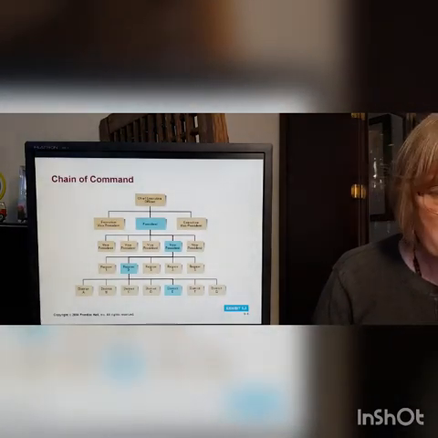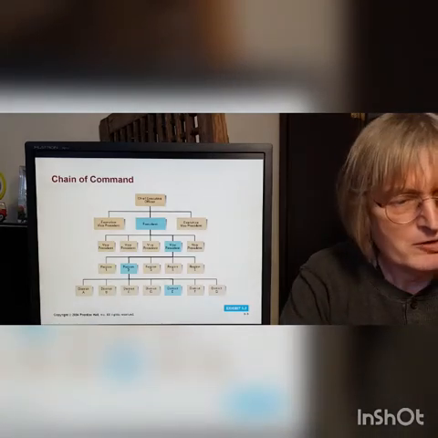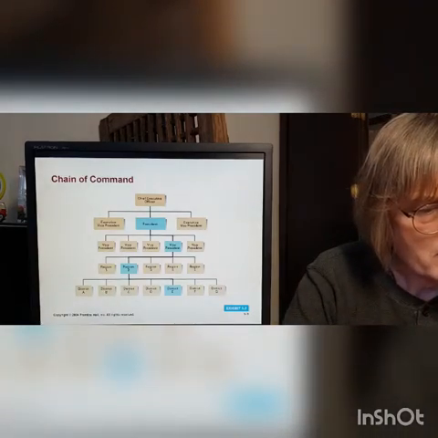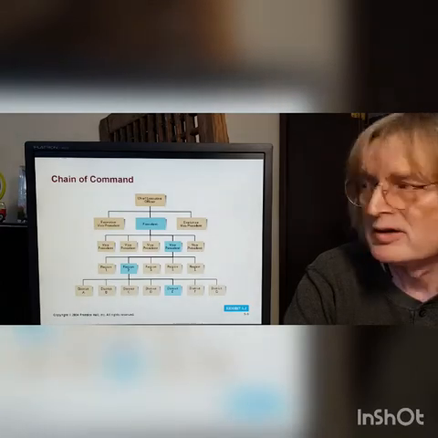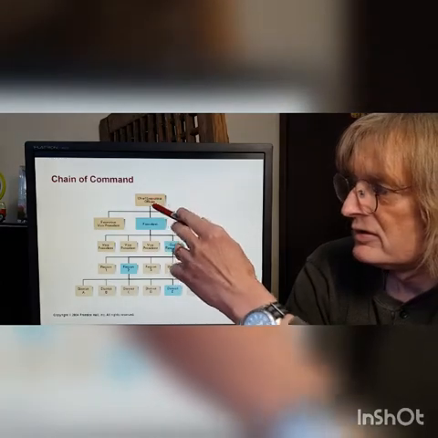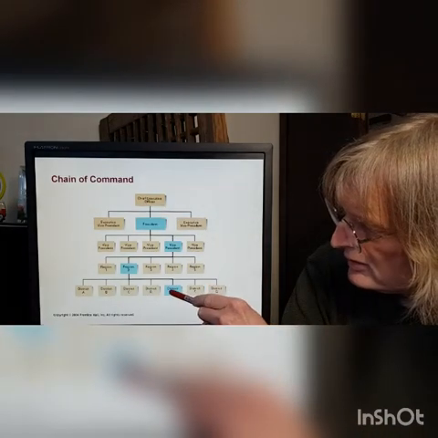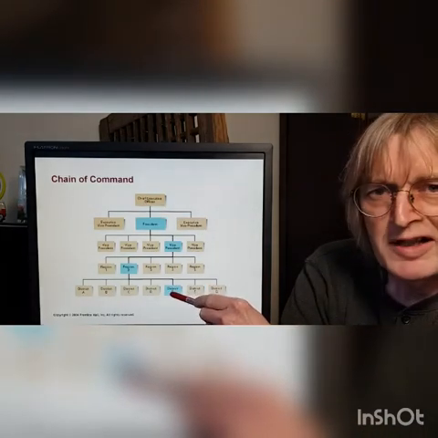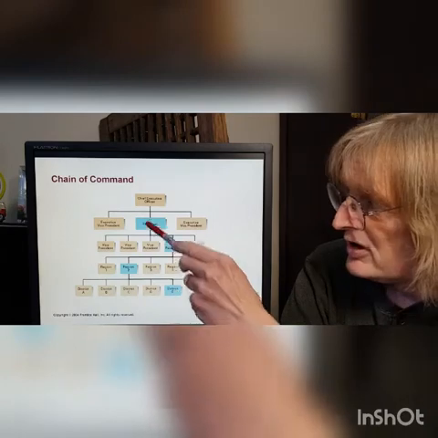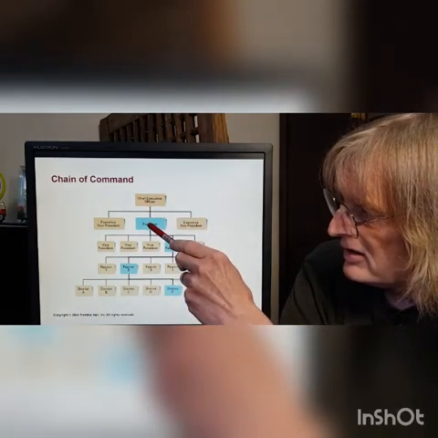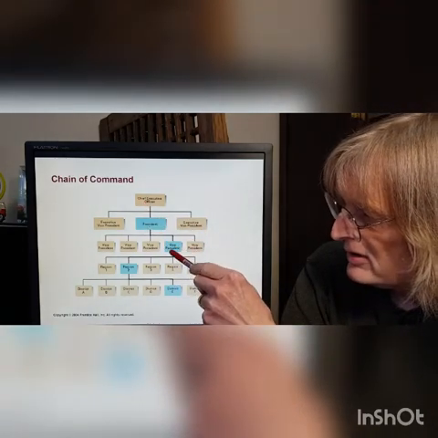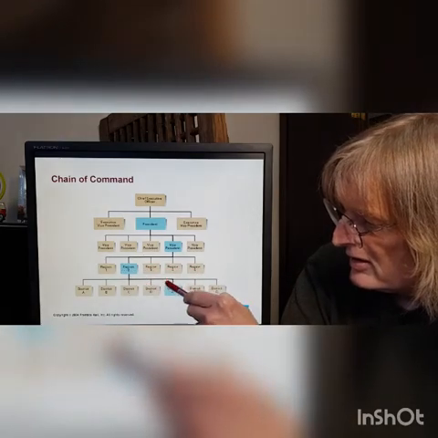Now I mentioned chain of command. Chain of command is what we might call a line authority. So at the top we have the senior manager, and he's in charge of this person here effectively, but it follows a line down through this one, to this one, to this one, to this one.